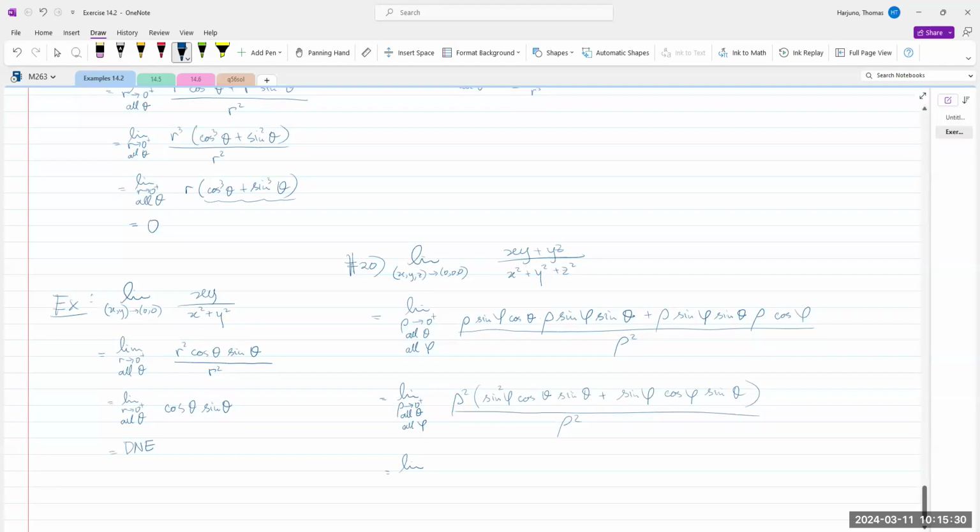But the rho squared cancels, and we are left with sine squared phi cosine theta sine theta plus sine phi cosine phi sine theta, which gives us different results for different theta and phi.